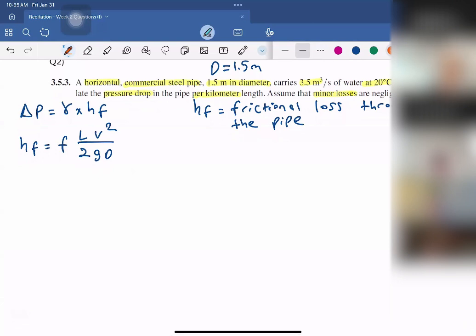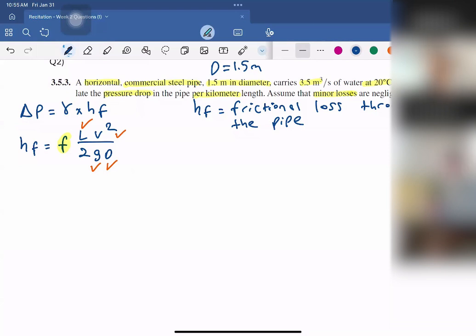And let's first start with what we know about this equation. First of all, we know diameter. Of course, we know acceleration. We know length because it is given as 1 kilometer. We know velocity as well, but of course, we will calculate it now. And the only unknown is friction factor, which requires us to use Moody diagram.